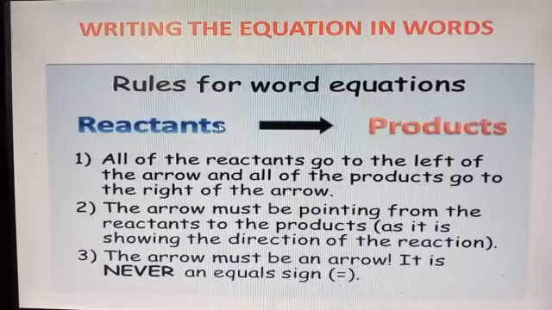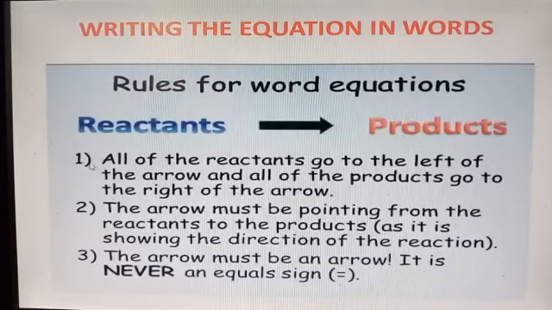So what are reactants? The chemical substance or substances which undergo a chemical change are reactants, and the chemical substance or substances which are formed as a result of a chemical reaction are products.